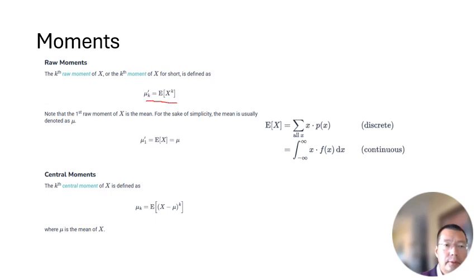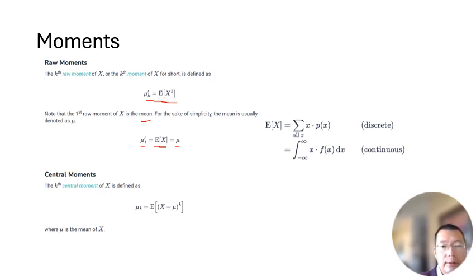This is the raw moment. When k is equal to 1, we know it's just the expected value of x, which we also denote as just mu. So the first raw moment of x is denoted as mu prime 1. It's also just mu, which is just the mean. It's the mean because it's just the expected value.